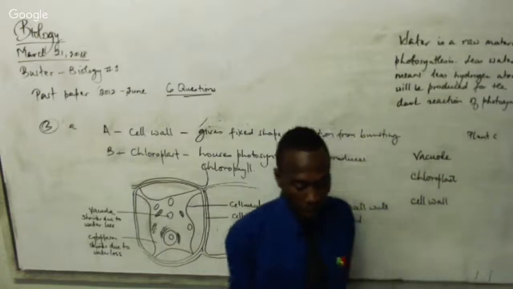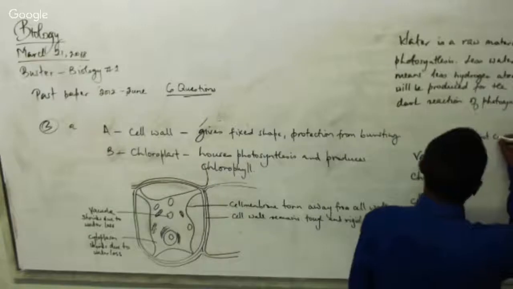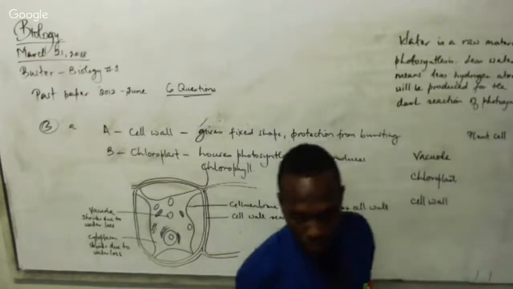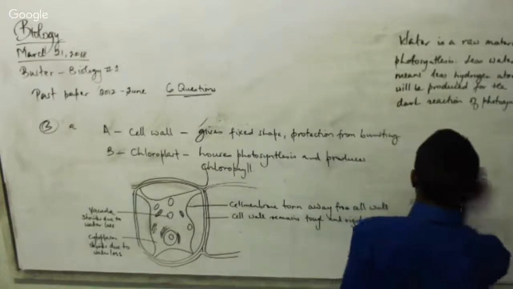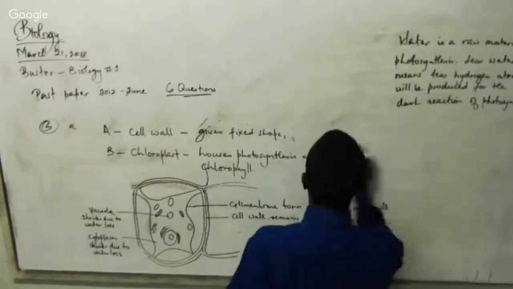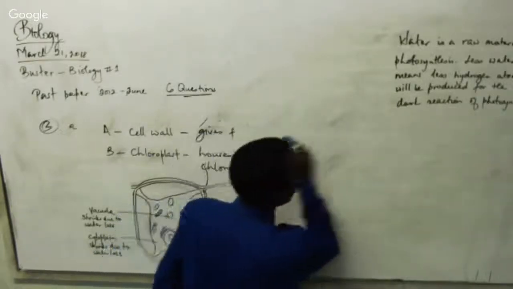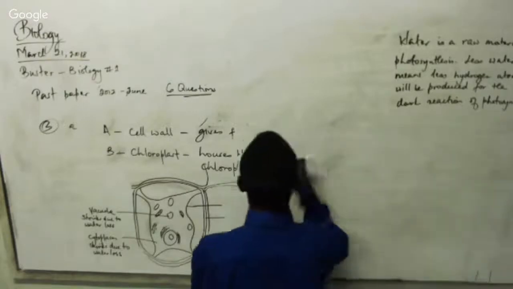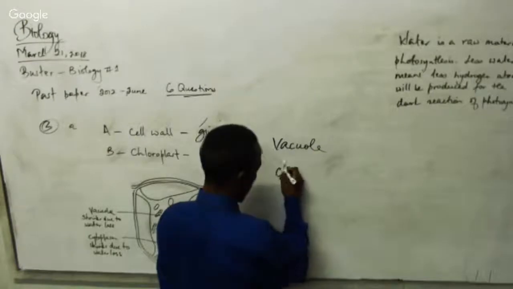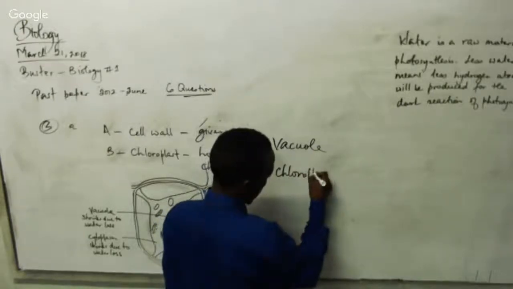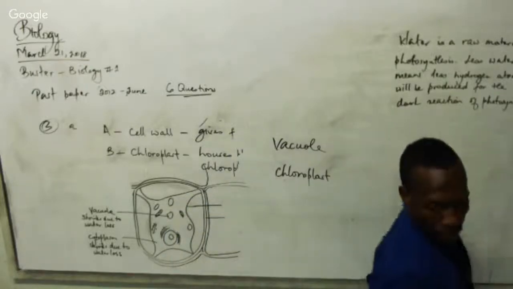You can tell me where if it's being projected. No, it says red. But it's small. Make it bigger. Vacuole. Somewhere right over this. Chloroplast.